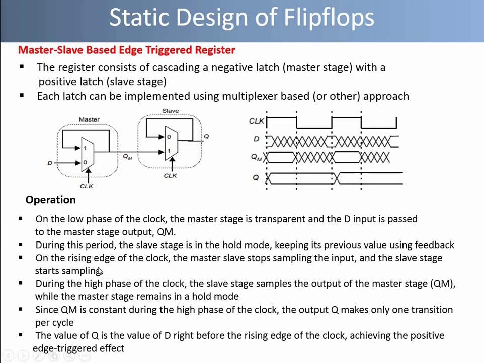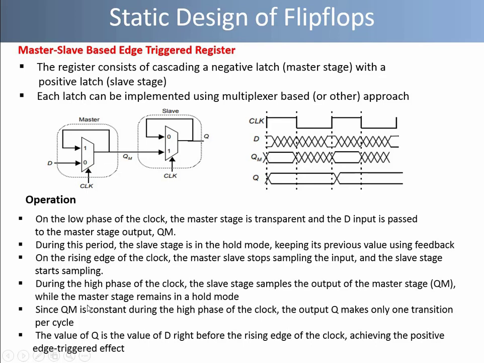On the rising edge of clock, the master stage stops sampling the input and the slave stage starts sampling. So when the high phase of clock reaches, the slave samples the output QM of the master stage and passes it to the output Q, whereas the master stage remains holding the value of input.